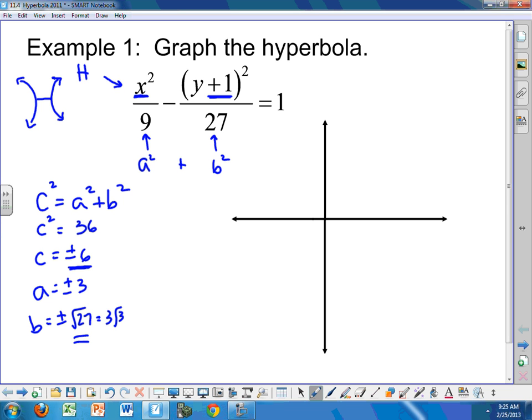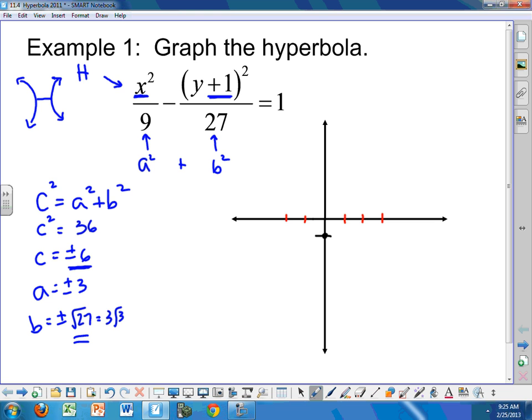The nice part about this example is that we could graph it starting with our special little box. We'll start, of course, at the center, which is located at 0, -1. We'll just put a dot right there. And we're going to work our way around, starting with the actual box. Moving left and right 3 units is going to give us our a values.